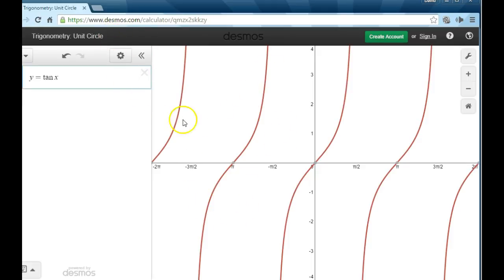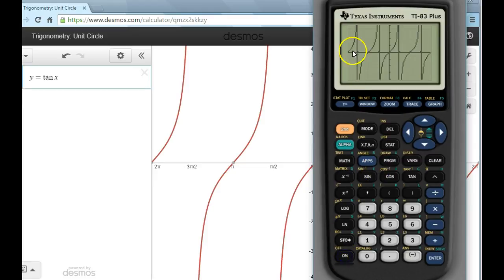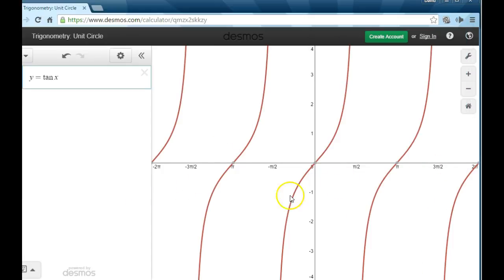But this does a much more accurate job, because there are no vertical asymptotes actually visible on the graph, whereas the old TI calculators make it look like they're a part of the graph. They would connect dots between points that they plot. So they plot one way up here, and then they plot another one way down here. They connect the dot. So we saw the location of those vertical asymptotes. But just know they're not a part of the graph. So the tangent function has this look. It kind of looks very similar to parallel cubic functions that are just never crossing one another.